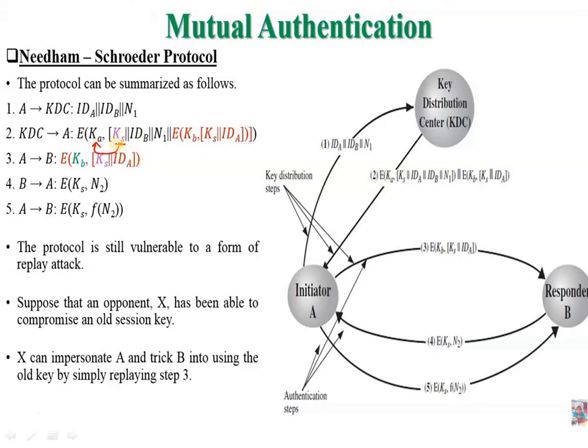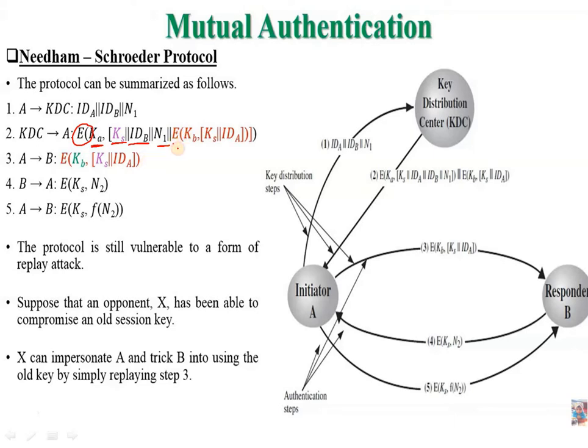Once this message reaches A, A will use his master key for decryption, because it is encrypted by KA and that master key is with A. So the encryption done by the KDC is now decrypted by A. A will get the session key, the identity of B and the nonce.